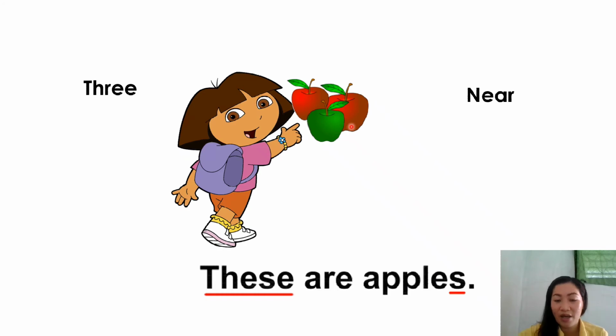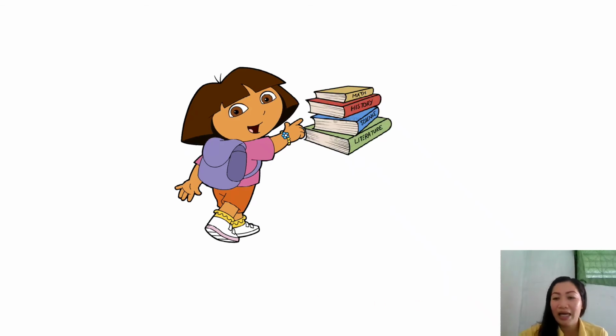So we say, these are apples. Again, we will use S. We add S to apples because we are referring not to only one apple but 3. These are apples.